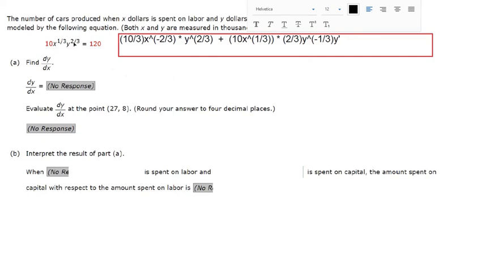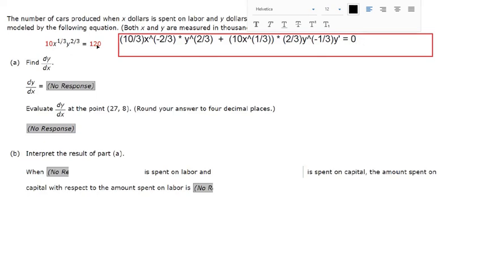We took a derivative of the outermost function. The 2/3 comes down, then it gets reduced by 1, so that's our new power. But then the derivative of y isn't 1, because we're taking a derivative with respect to x. So it's y prime. And then it's all equals 0. Okay. Because when you take a derivative of 120, it's a constant, so that's 0.